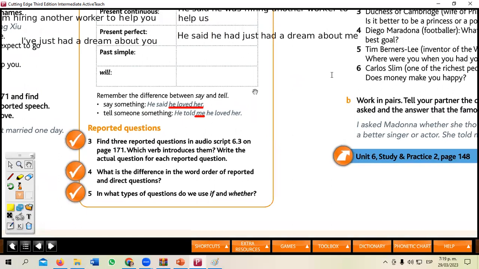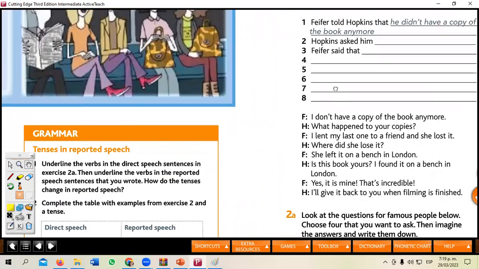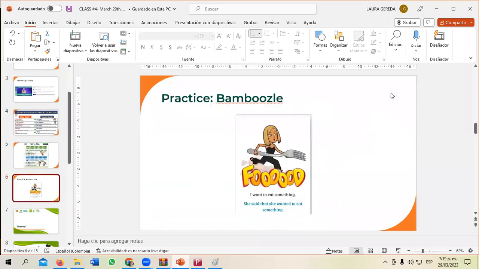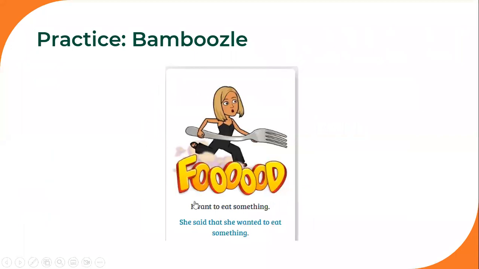Okay, so we're going to do some exercises. I have the game of Bamboozle to practice. This is an example I want to show you, and then we will go and play. So the sentence I want to show you is, I want to eat something. Ustedes van a leer la oración. I want to eat something. Y van a decir el reporte de eso que ella dijo, ¿no?